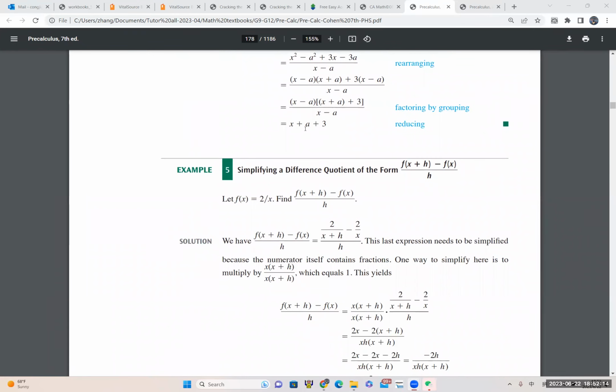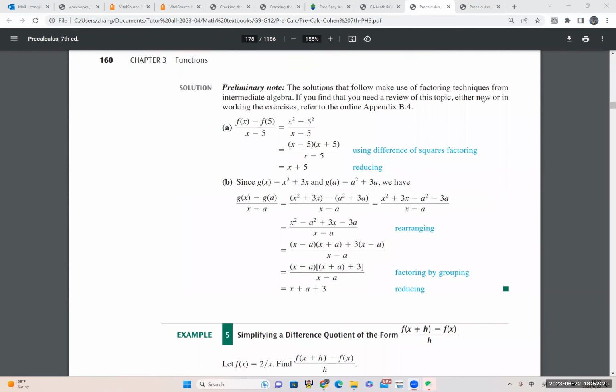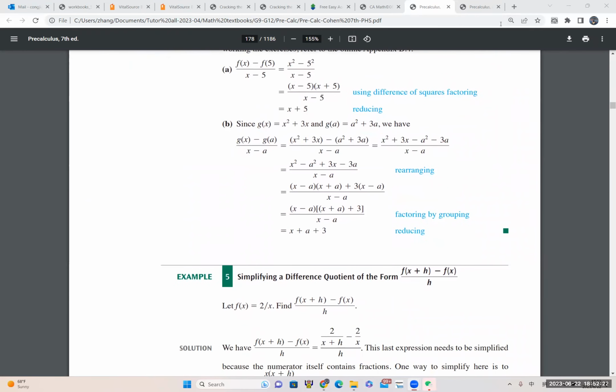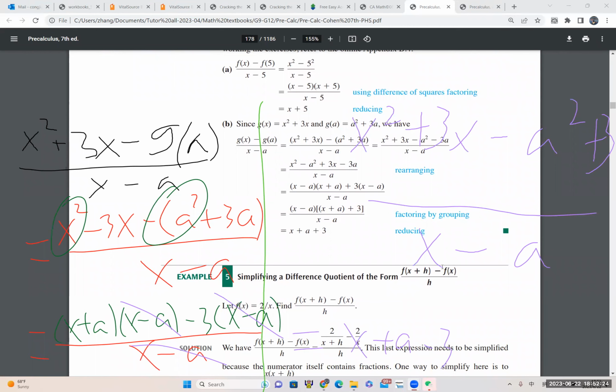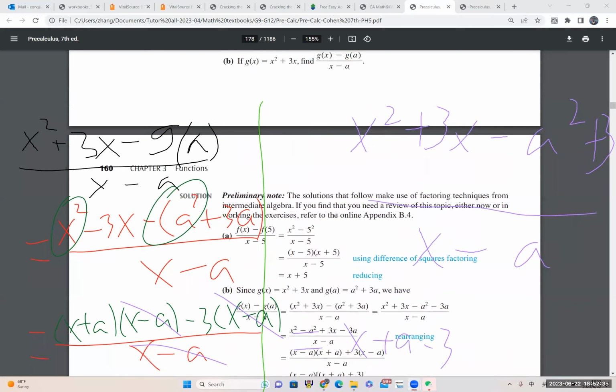Oh yes, so here we get a different thing. We get minus. Let me see. Let me undo. We get negative 3. Oh, hold on, I have something wrong, right?